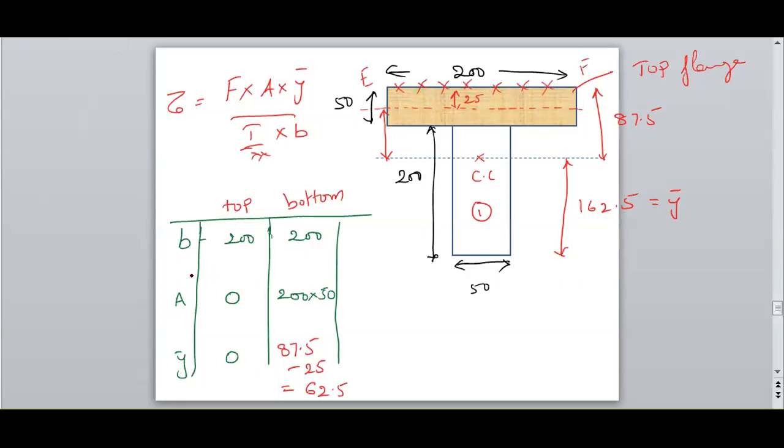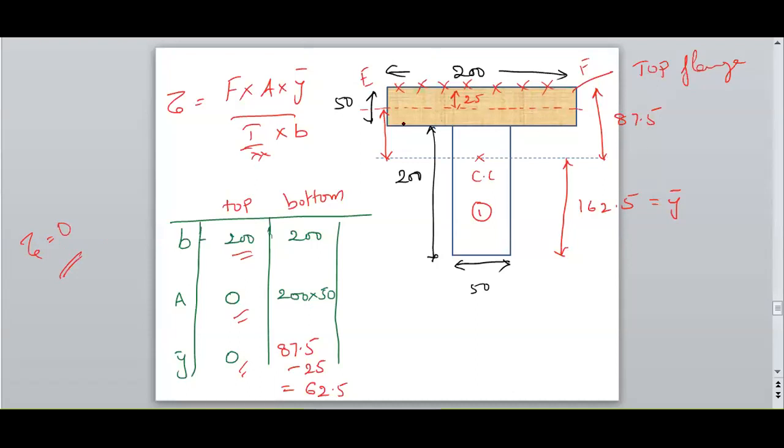The width here is 200, and the area above the EF line is 0, and the y bar will be 0. While considering the shear stress, the area is 0. Therefore, shear stress will be 0 at the top layer of the top flange.